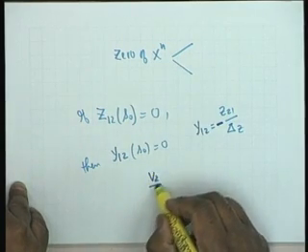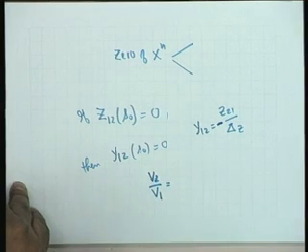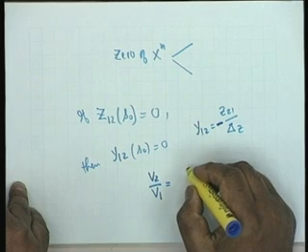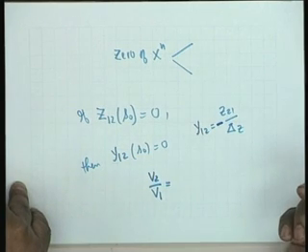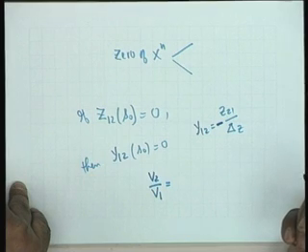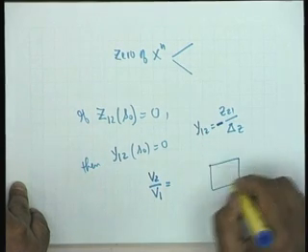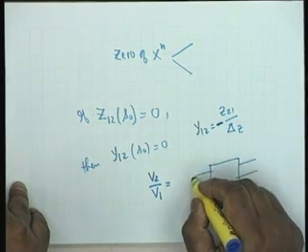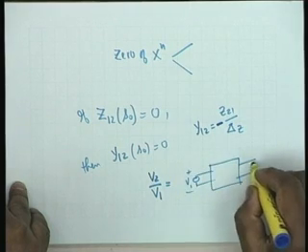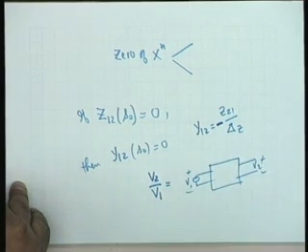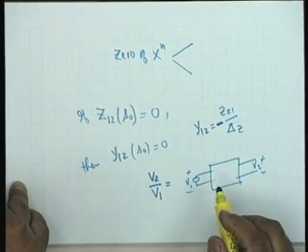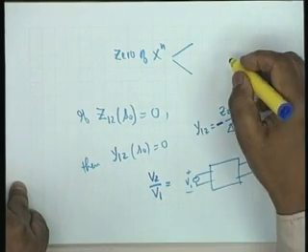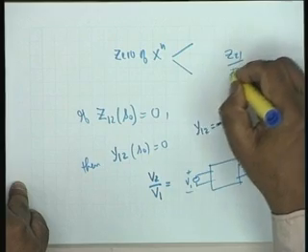For example, suppose I want the open circuit voltage transfer function of a two-port network. It can be expressed in terms of Z12 and what? I have a network, I connect a voltage V1 here and I measure the voltage V2 here. What is the relationship between V2 and V1? It is Z21 by Z11.